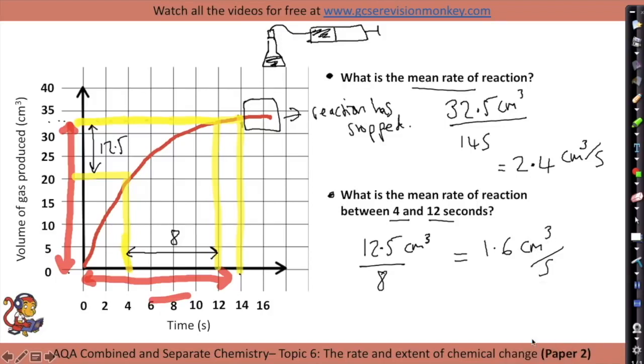If you are doing higher tier, you may also have to do rate of reaction calculations in other units, for example, moles per second. So you won't see that on foundation, but you might see those kind of units on a higher tier paper.